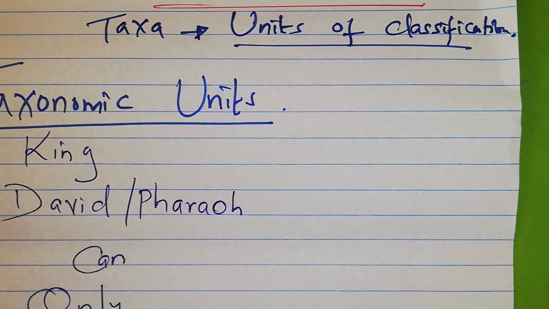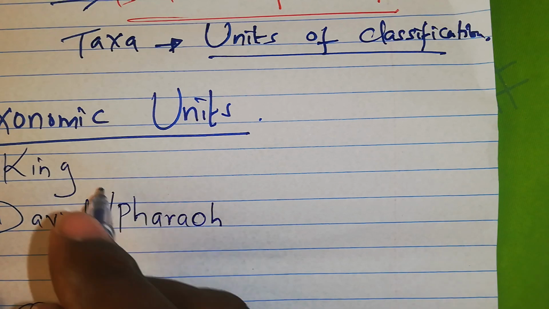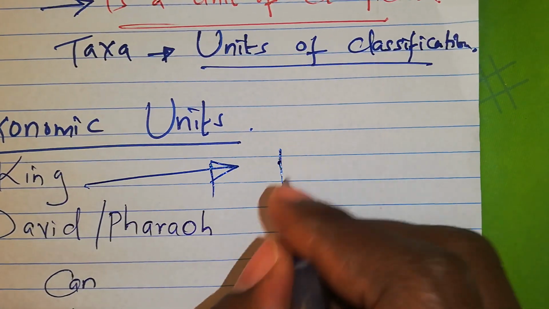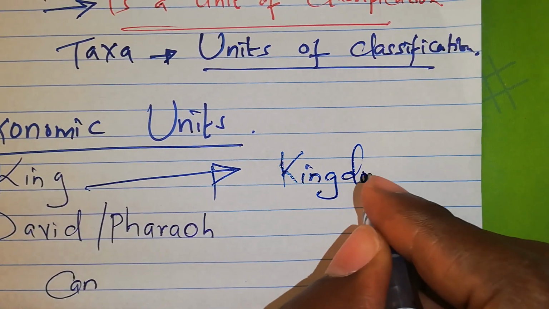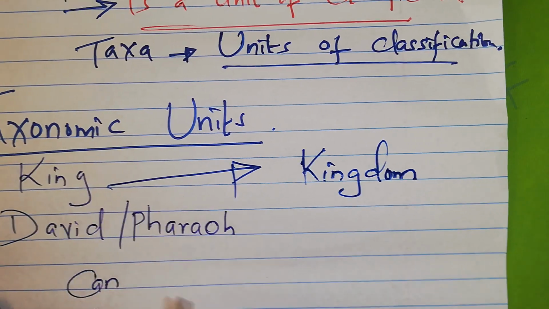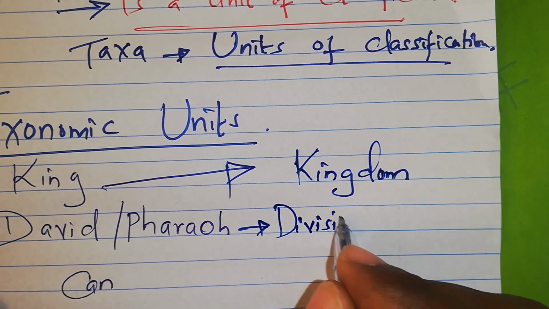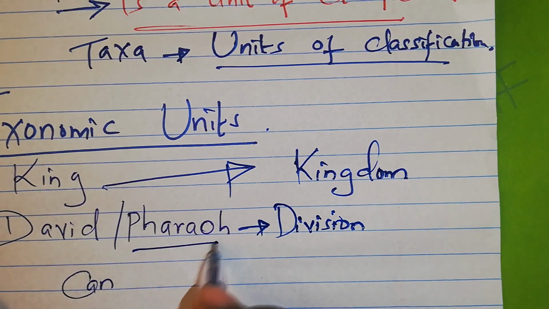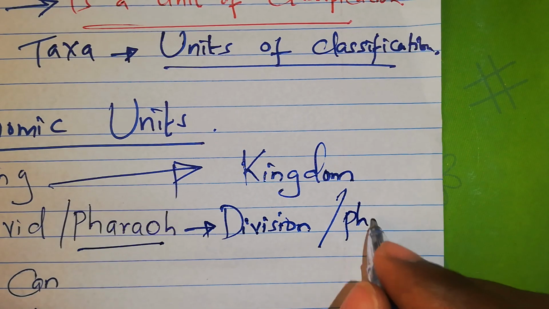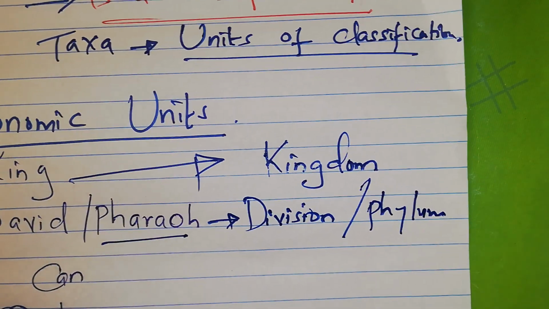King stands for kingdom. David stands for division. And Pharaoh stands for phylum. I will give you the difference.